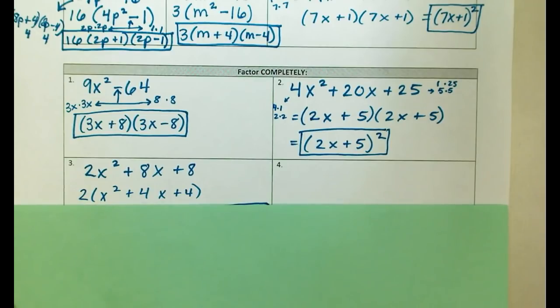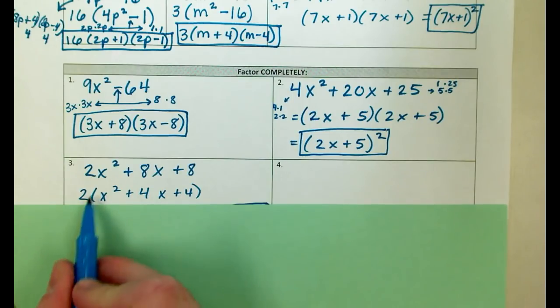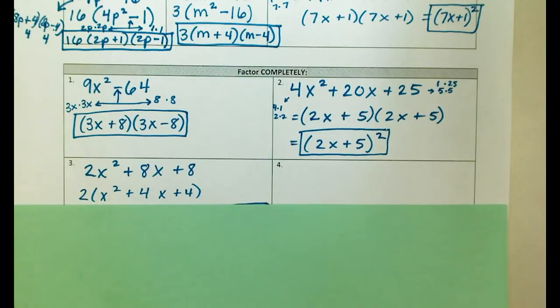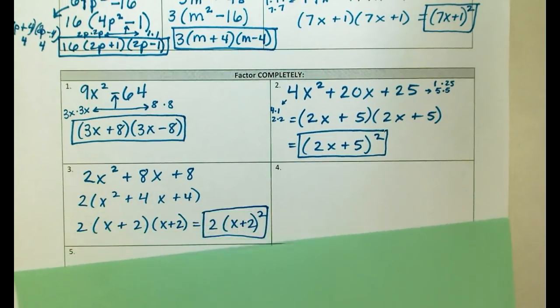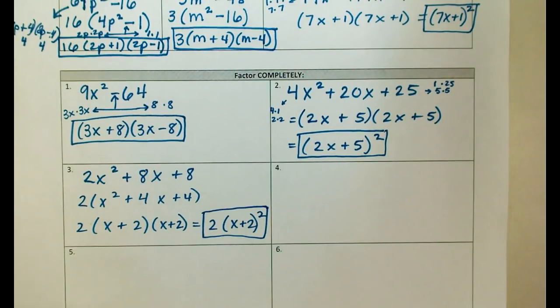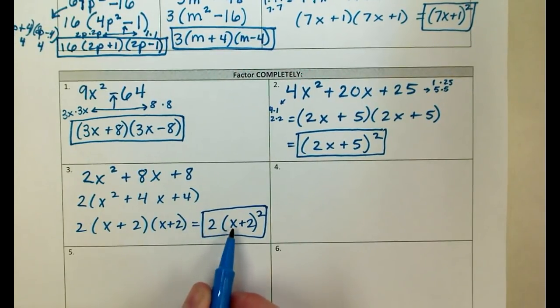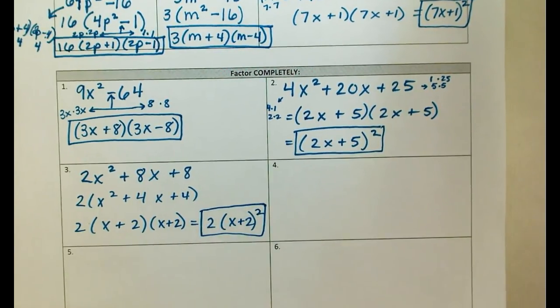So I factored out my 2 to end up with 2 times x squared plus 4x plus 4. Next, I went to check this was an a term equal to 1. What multiplied to 4 and added to 4 was 2 and 2. So I wrote my answer as 2 times x plus 2 times x plus 2, which was the same binomial. So we write our final answer as 2 times x plus 2 quantity squared.